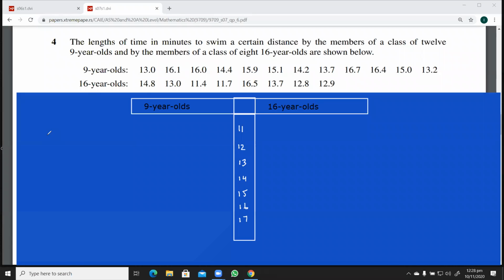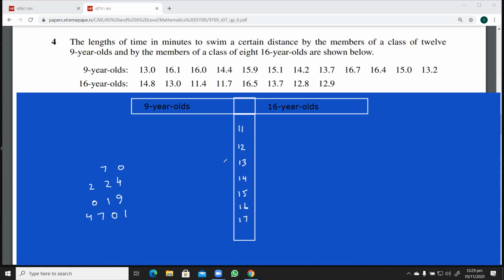I'll erase this and write them in ascending order later on. 13.0, so I'm going to write 0 here. 13.0. 16.1, I'll be writing here 1. 16.0, then I have 14.4, this is 4, then we have 15.9, then you have 15.1, then you have 14.2, then you have 13.7, then you have 16.7, then you have 16.4, then you have 15.0, and then you have 13.2.